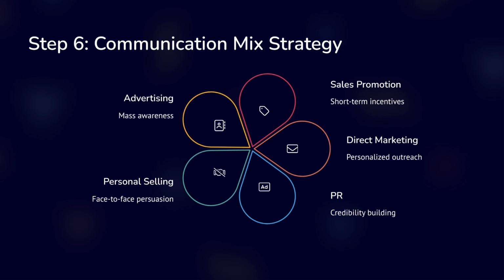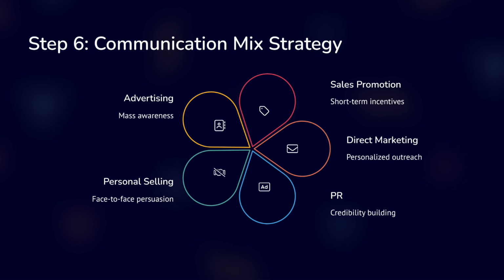Step 6 involves designing the communication mix strategy. Here, businesses must decide how to allocate their overall communication budget among several distinct communication instruments. These instruments include advertising, sales promotion, direct marketing, public relations, and personal selling.